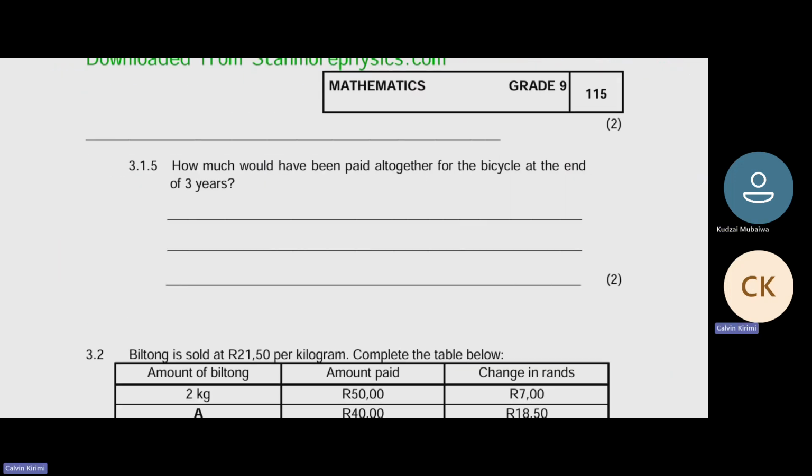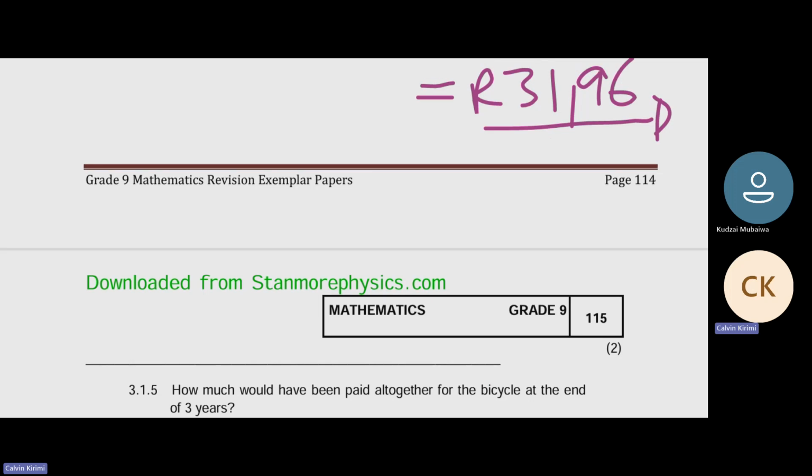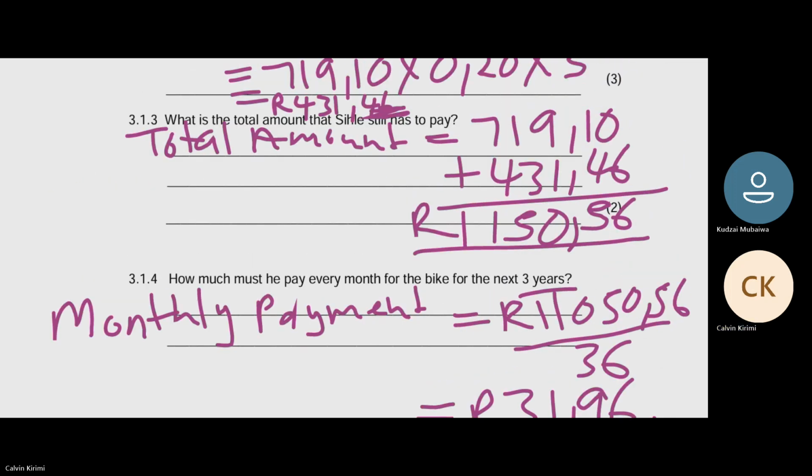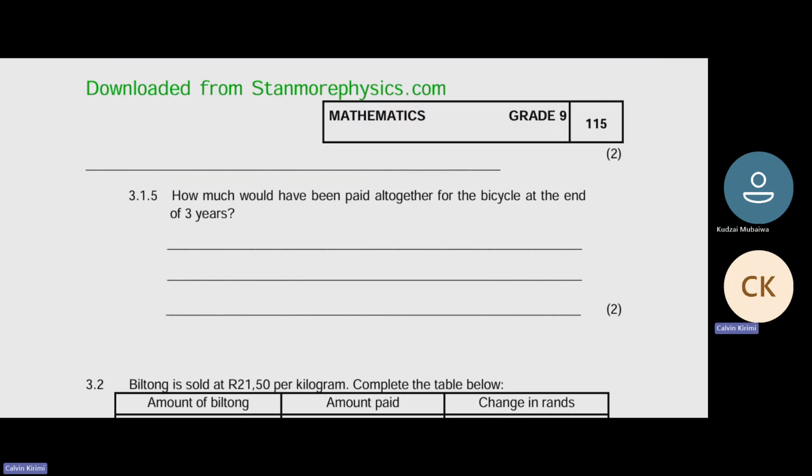So how much would have been paid altogether for the bicycle at the end of 3 years? So we are adding the deposit, isn't it? At the end of 3 years, to be how much?